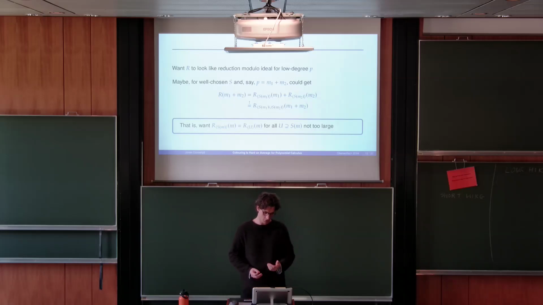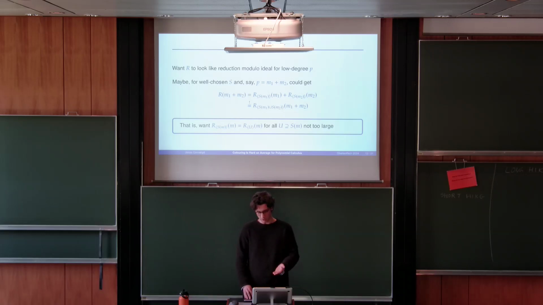So maybe if we choose these S sets very well, so that they do most of what you can do with reduction modulo a satisfiable subset of the input when you apply it to its monomial, then for some polynomial P, say it consists of two monomials, by definition, R applied to P will be the sum of the reductions of the monomials modulo their respective sets.